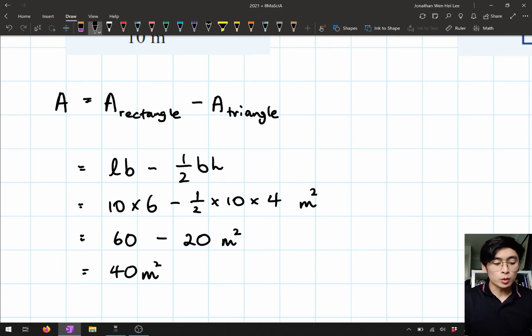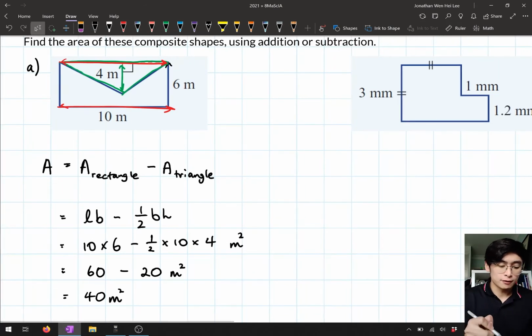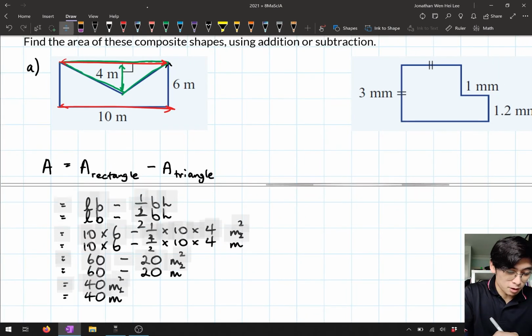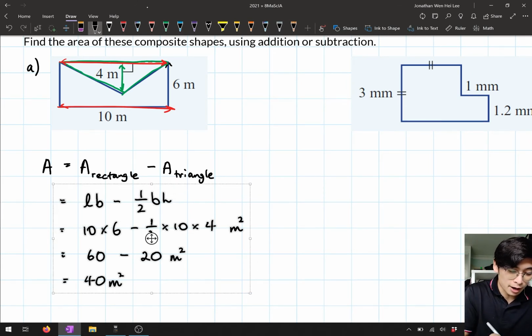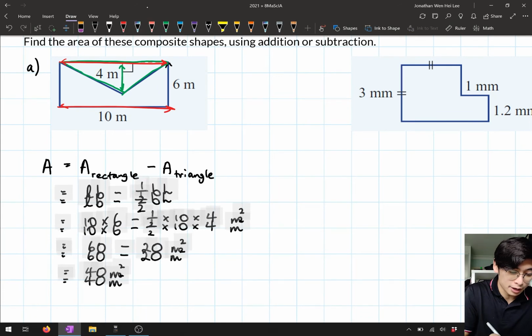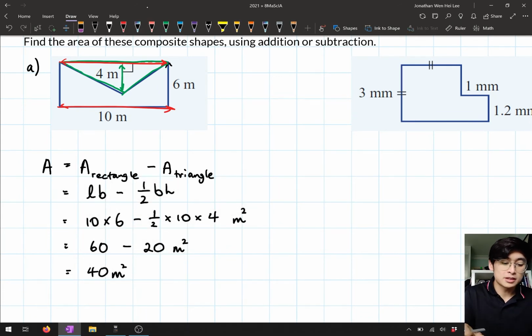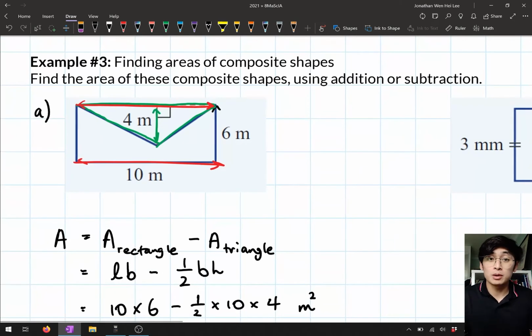So for this example, we need to identify what shapes we have. In my composite shape here, I've got my rectangle and my triangle. And so what we did was we asked, okay, how did we make up that shape? Here, we subtracted the area of the triangle from the rectangle.